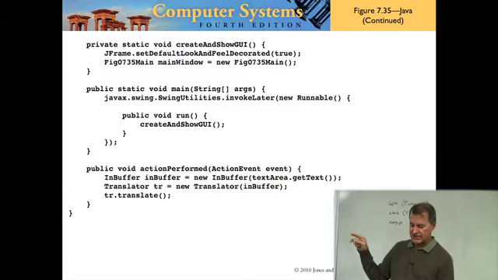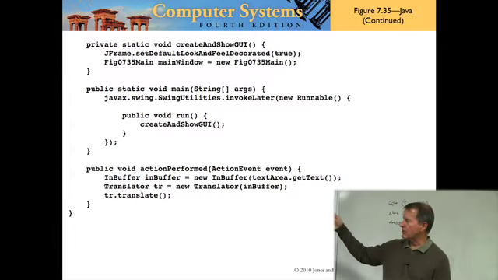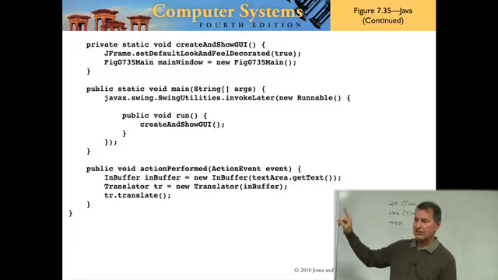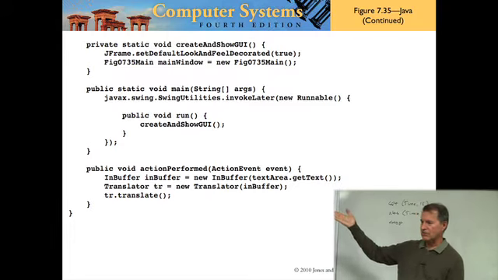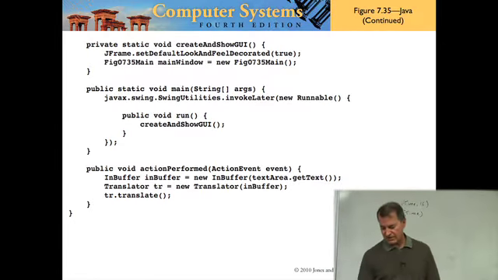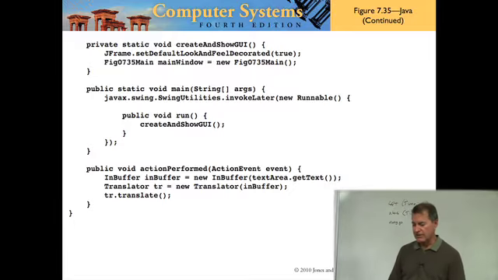And then it does the translator, tr gets new translator, and the translator is passed a reference to the input buffer, and then it just calls one method called translate. I think before there was some logic, a loop maybe, in the action performed. But now this translation is the model, so you don't have to change that at all. That'll be just like what your next project is.